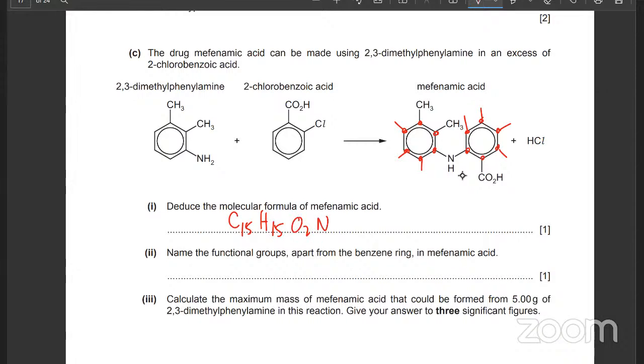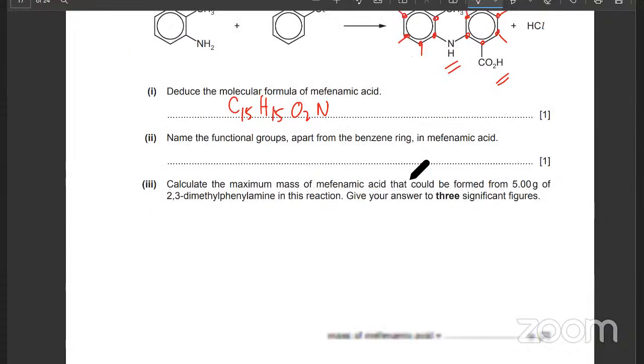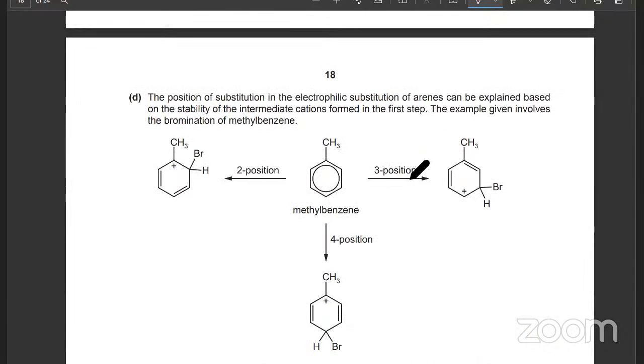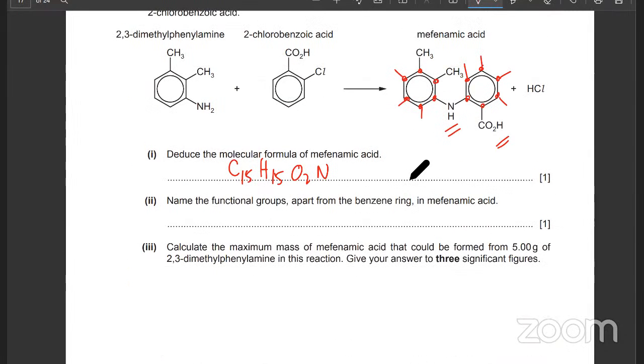Name the functional groups: what is this functional group and what is this one? Carboxylic acid and amine. Or it could be a moles question, calculating the maximum mass. You can also say alkyl as a functional group, arenes, alkyl chain, but I doubt they would give you marks for that.